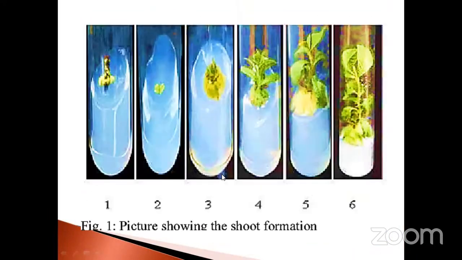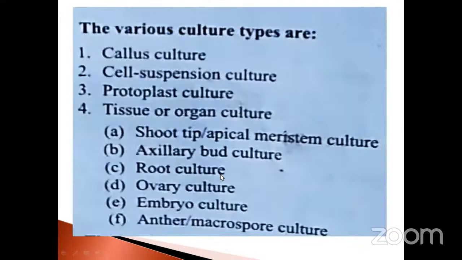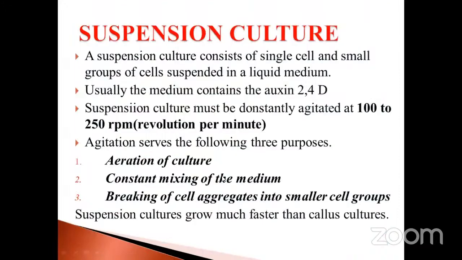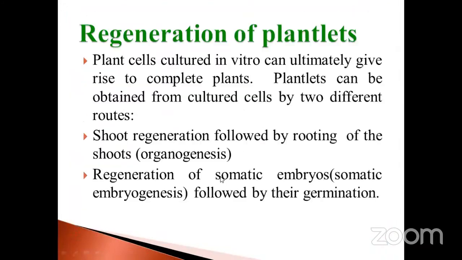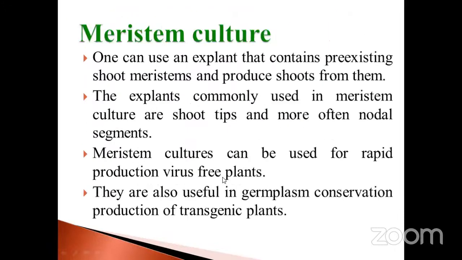The anther is nothing but of haploid nature. It has only the N condition, and the female part also has the same haploid nature.